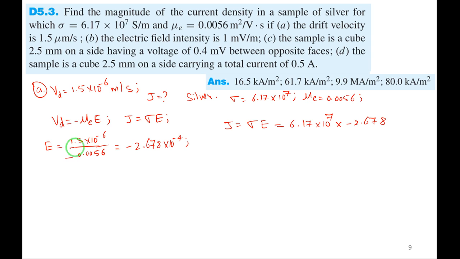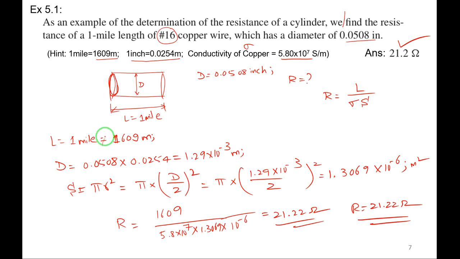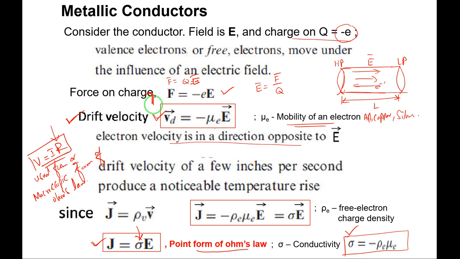Somewhere I have made a mistake. Please check it. This minus sign is not coming here. But this minus, mobility of electrons, minus mu E. In the formula, whether there is minus, yes, it is there. Yes, minus is there. Mu E, is it fine? J equal to sigma E, that is also fine.